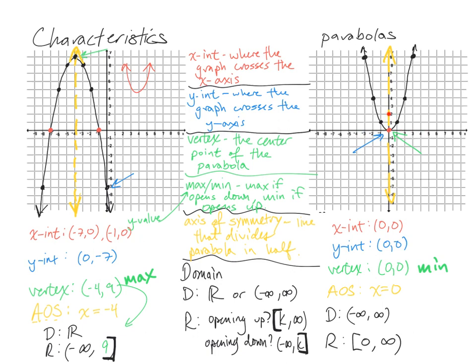What's the x value that this line goes through? Well, it's 0. The domain, negative infinity to infinity, just to show you that either one of these notations is fine. And since this parabola is opening up, we will have a range of 0 with a square bracket around the number to infinity.